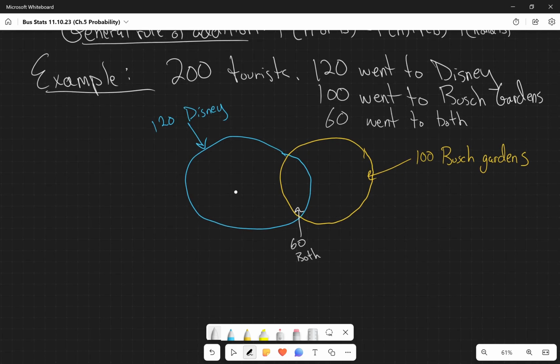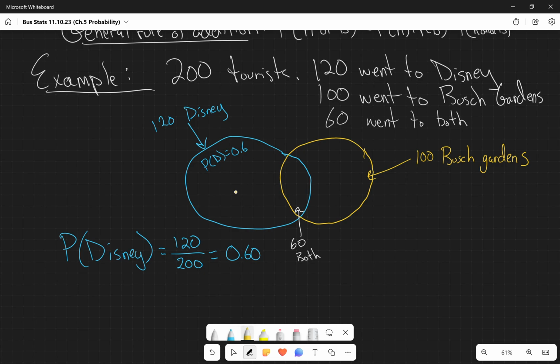So the first one is relatively easy, right? Our probability of Disney is going to be just 120 divided by the total number of tourists. So it tells us that 60% went to Disney, or the probability of somebody going to Disney when they went to Florida is 60% or 0.6.